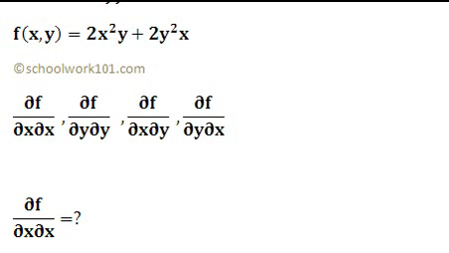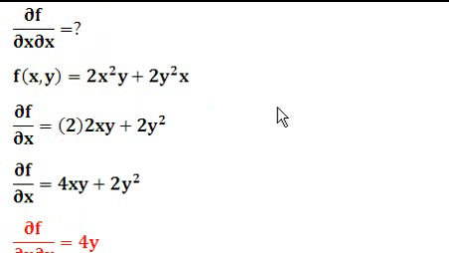It's been over a month since I actually worked this stuff out, and I'm just now getting around to recording it. So anyway, we're working this one here, looking for the partial of f over the partial of x. That's what we're going to do first.